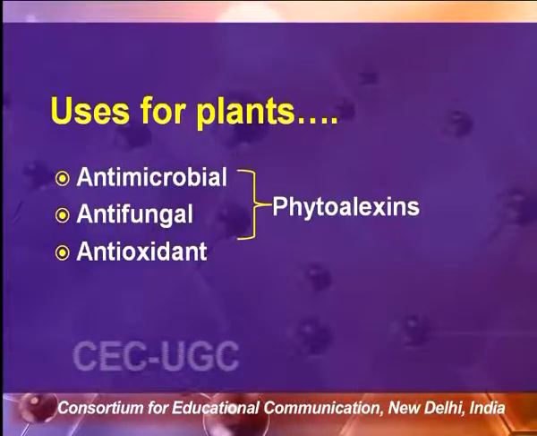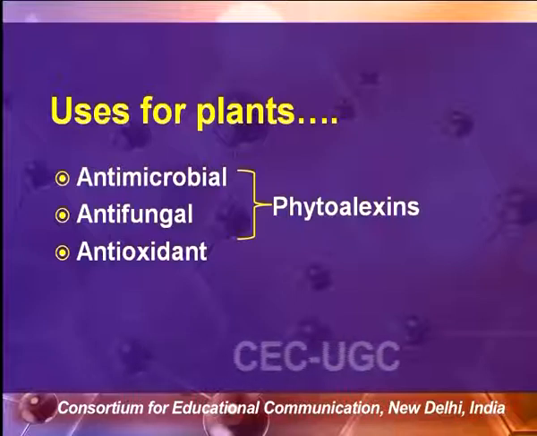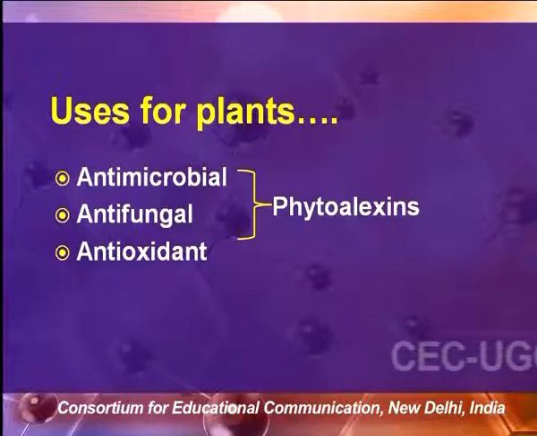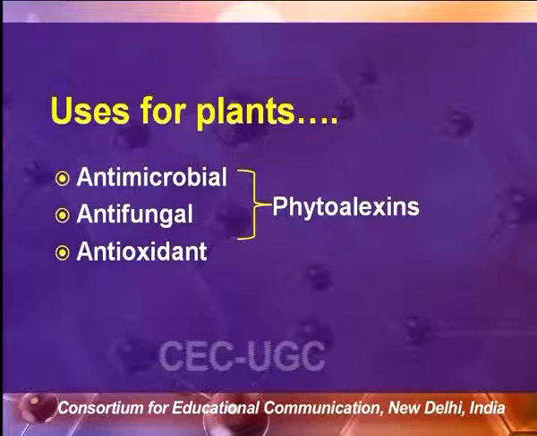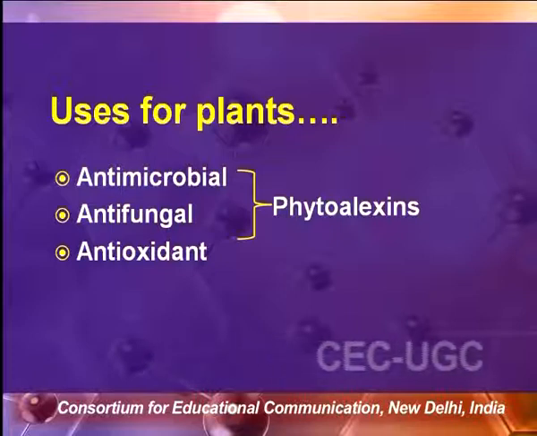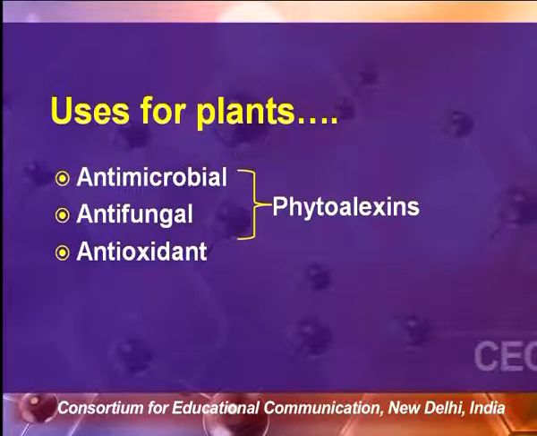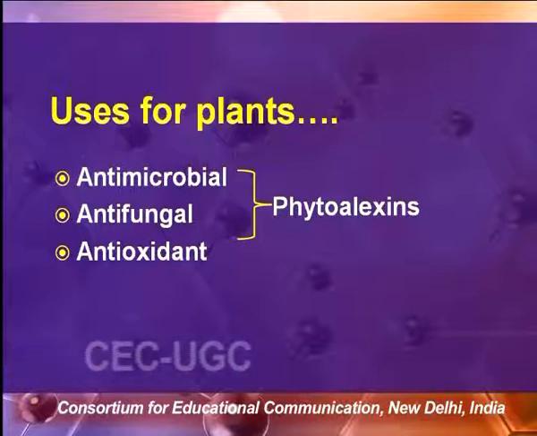Now last we come to the uses of flavonoids in plants. As we already discussed, flavonoids are largely obtained as phytoalexins within the plant, specifically some of the classes of flavonoids which we discussed today.